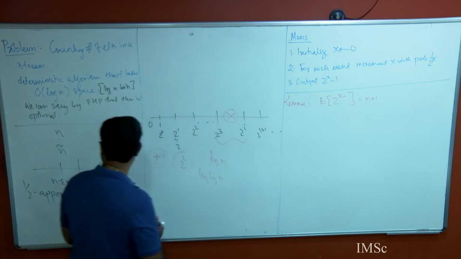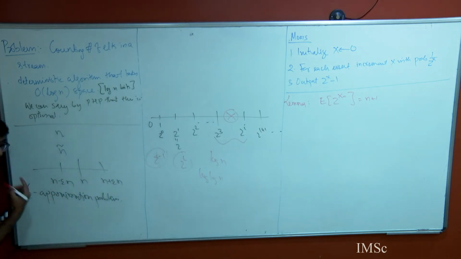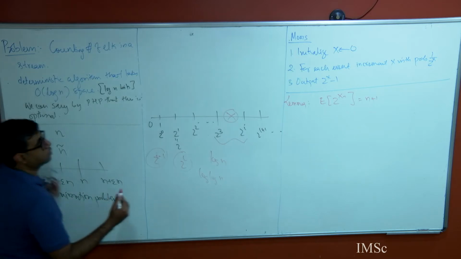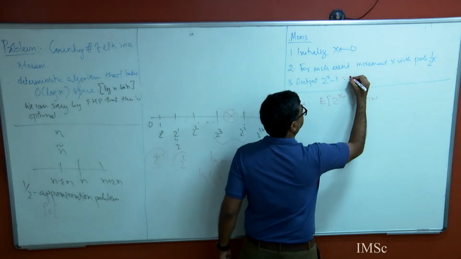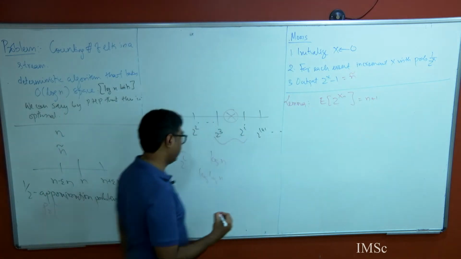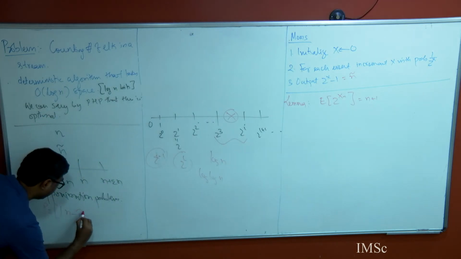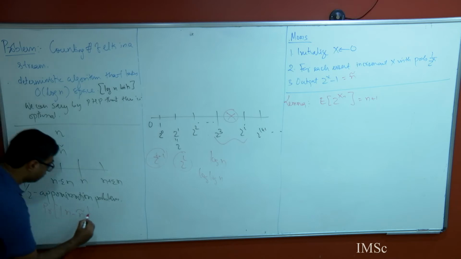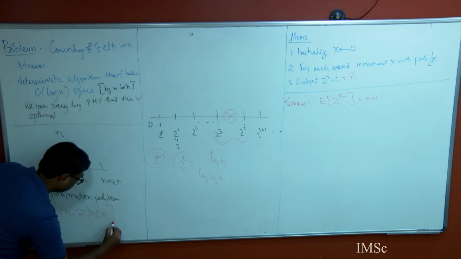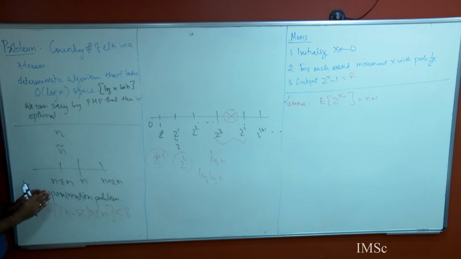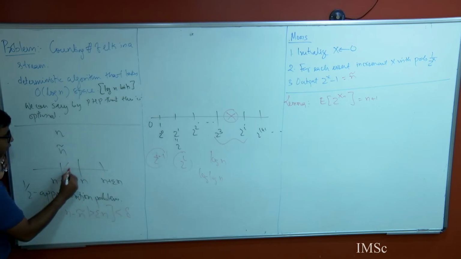But what we needed to show is the following. Suppose this is what you output, and let's say this is n tilde. I need to show you that n minus n tilde is more than epsilon n with probability less than delta, because my goal is that you are within the range with high probability.